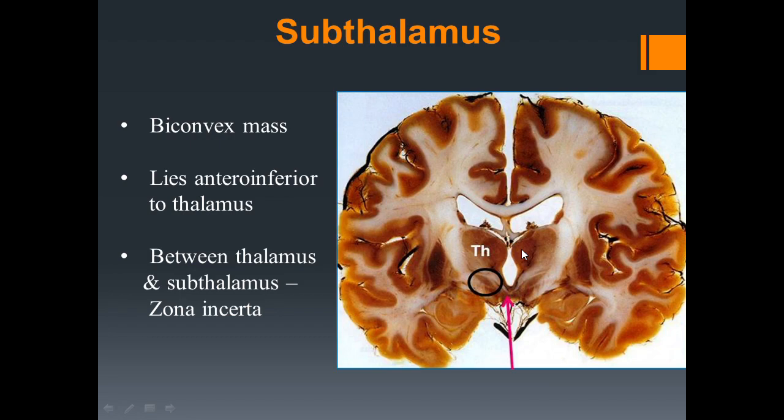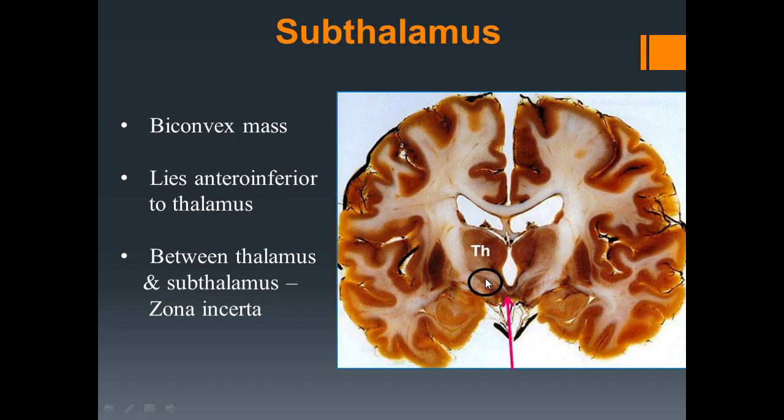Now another structure of the basal ganglia is the subthalamus or subthalamic nucleus. It is a biconvex mass of grey matter. Here, this is the coronal section of the cerebral hemisphere. This is the thalamus, and just antero-inferior to the thalamus is a small biconvex mass of grey matter.